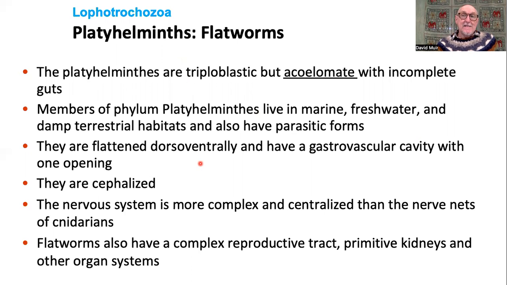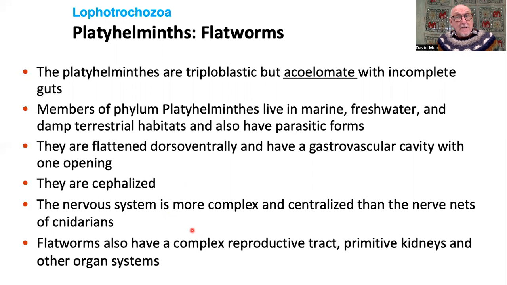They are cephalized, and they have a much more complex nervous system than the simple nerve net of the Cnidaria. In fact, they even have little ganglia at the front, which is definitely not a brain, but certainly an enlargement and an elaboration of the nerve ganglia up at the front.